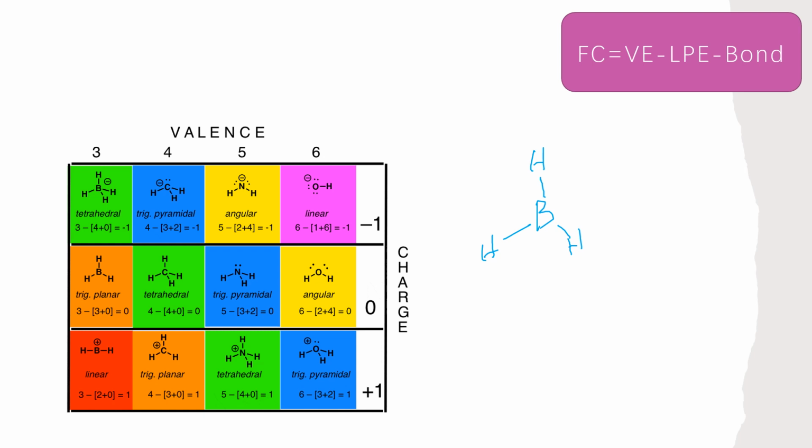So now we have to find out this one, boron is group 3 and 3 electrons and no lone pair, and how many bonds? 3. Therefore 0 polarity. And also we can get tetrahedral methane.